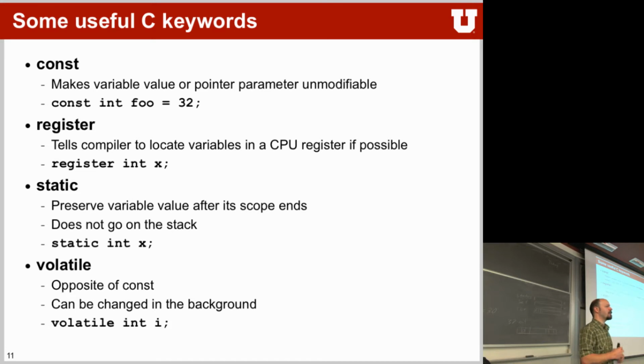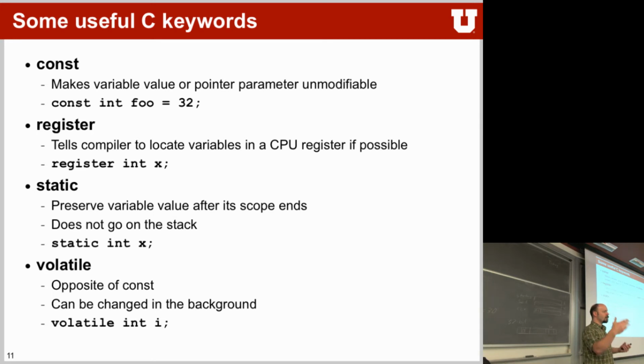So let me do an example. Assume you have a counter that counts in one of the peripherals and just increments, and all you want to do is read this counter and output it as a printf on the serial port. If you have a while loop where you read the same variable all the time and output it on your serial port, what could happen is that your compiler is smart enough, sees that you're accessing the same memory location all the time, and just optimizes it away, does one read of the memory location, and after that just outputs the register all the time.